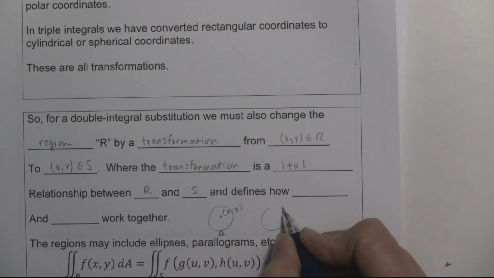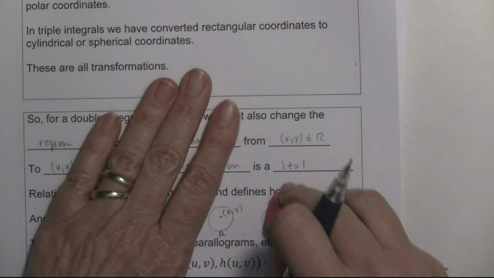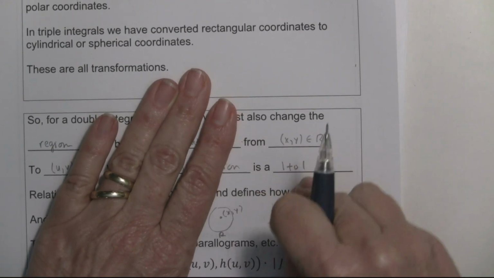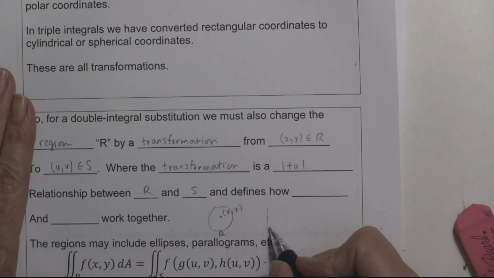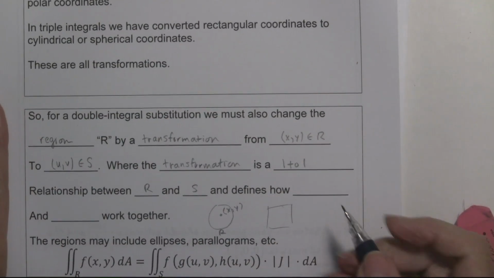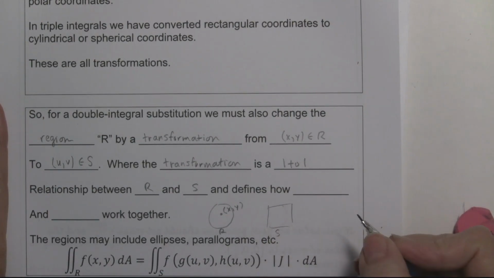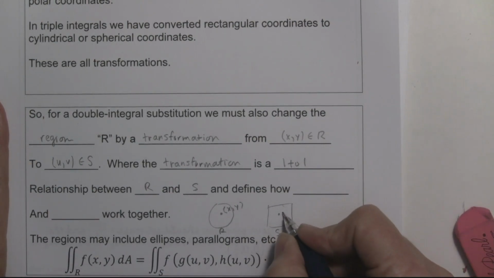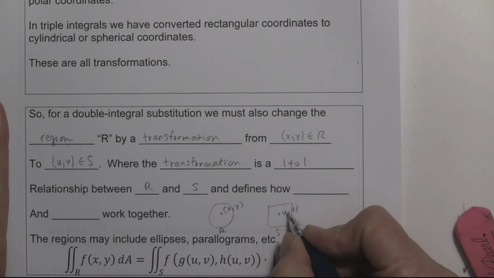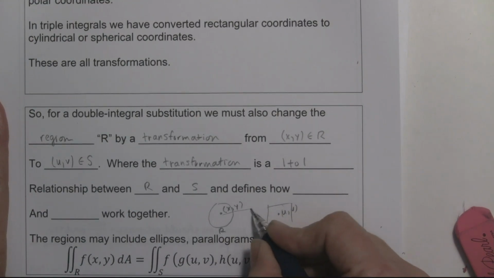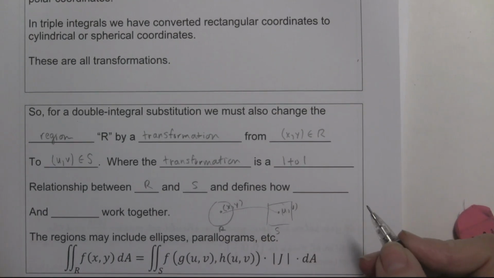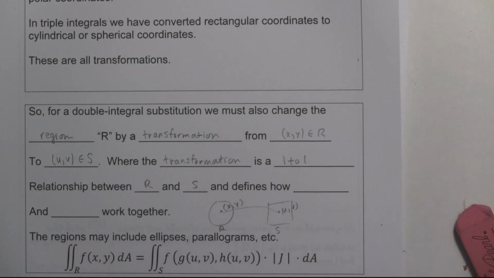And then you have another universe over here, and it doesn't have to look square. It can look circular, it can look square. You have another universe over here, S, and you have a point in here, (u, v), an ordered pair. And then you're transforming that point to that point, and you're doing that for every single point in R to a point in S.